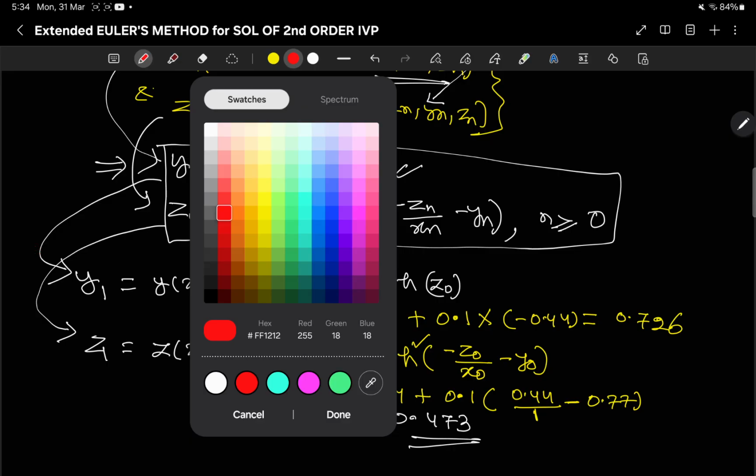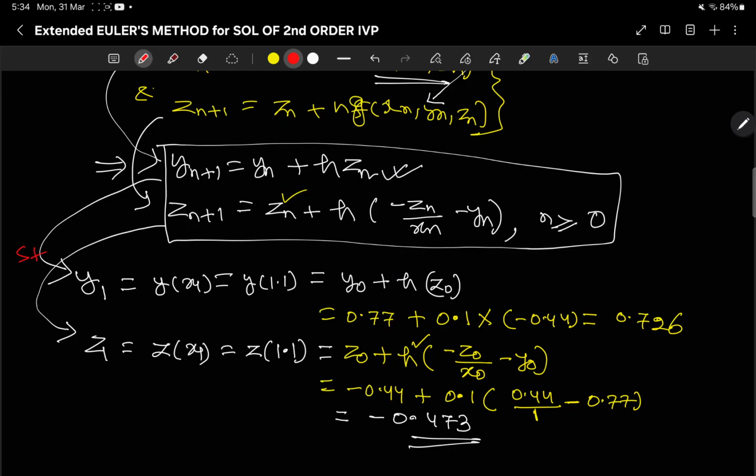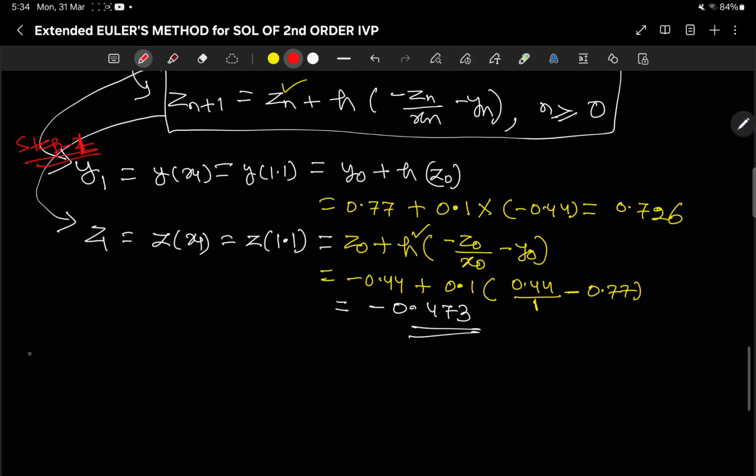So this is my step 1. In step 2, here n is equal to 1. With n equal to 1, in step 2, what is my y2? y2 is y of 1.2.